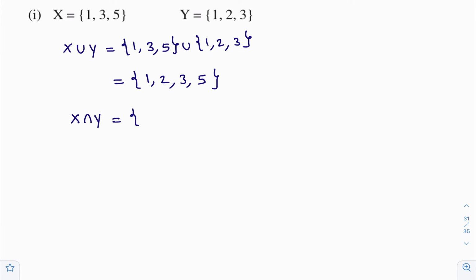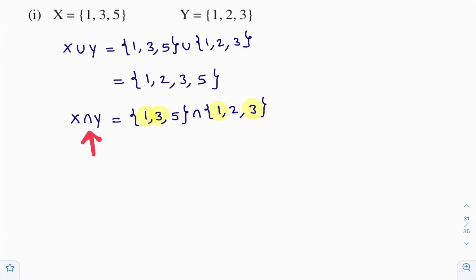X intersection Y. You write the elements of X: 1, 3, 5, intersection. What are the elements of Y? 1, 2, 3. Now you observe the elements which are common in both. You look here, 1 is the element which is common in both, and you can observe that 3 is the element which is common in both. So what is X intersection Y?